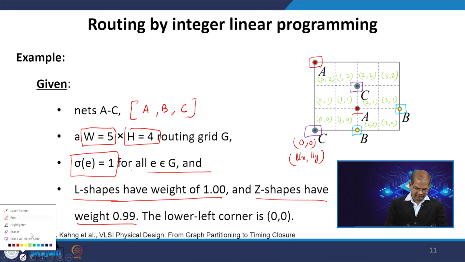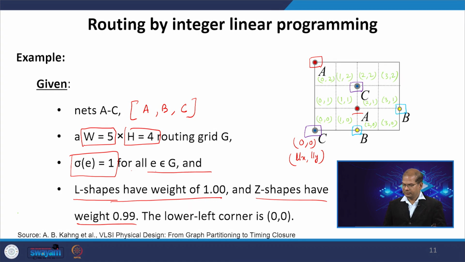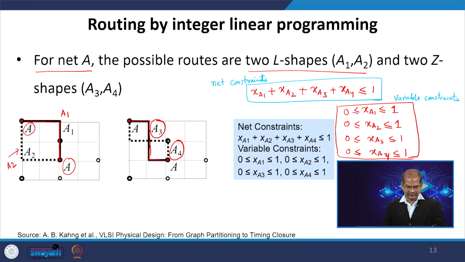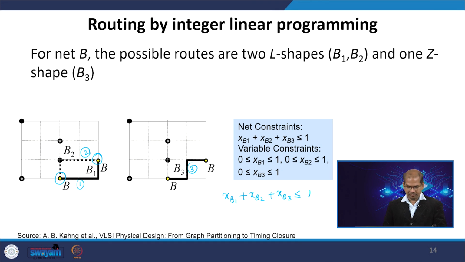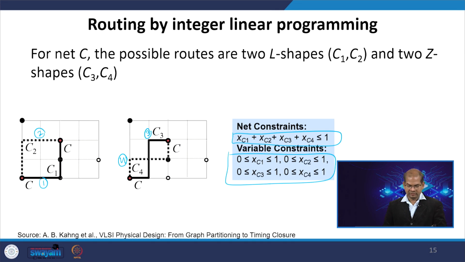Then we will see what the constraint is between these two in the x direction. If it is 0 comma 0 to 1 comma 0, what is the constraint in the x direction? Here there is no constraint for net A, there is no constraint for net B, but there is a constraint for net C. So, which nets are constrained here?